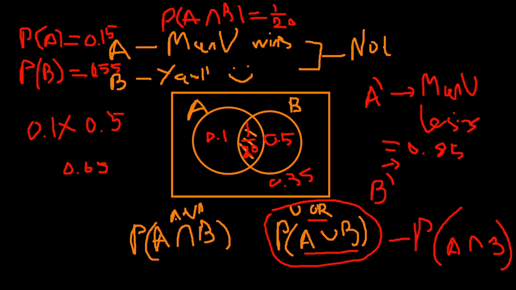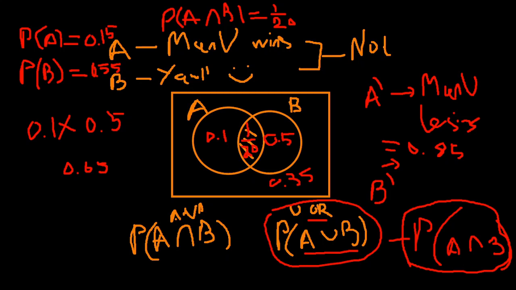But since these events are mutually exclusive, the probability of you getting a red ball or a blue ball is simply 3 over 5 plus 2 over 5, which is 1. Since they're only red balls and blue balls, you are guaranteed to get a red ball or a blue ball. So you see, I don't have to subtract the probability of them happening together, because remember, in mutually exclusive events, P of A and B is equal to 0, right? You can't pull a red ball and a blue ball. So in that case, when I say or, I just add the probabilities and I don't subtract anything because they can't happen at the same time.